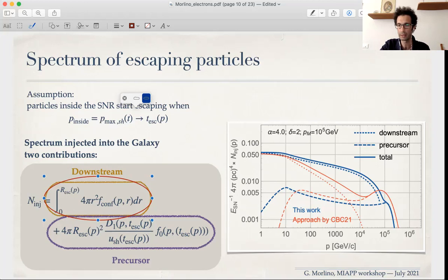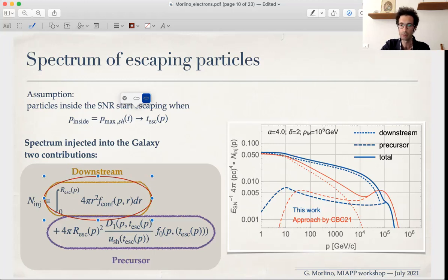The solid line is the total integrated spectrum, while the dashed line is the contribution from the precursor, and the dotted line is the contribution from the interior of the remnant. You see that in general the contribution from the precursor is negligible, except close to the maximum possible energy.